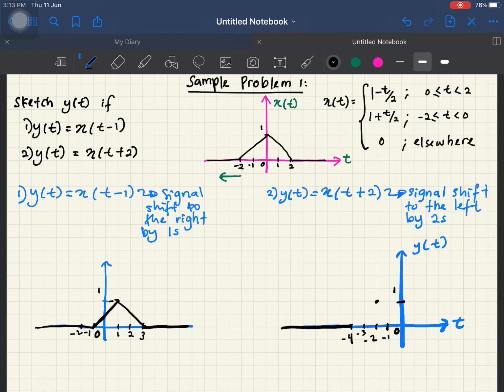The signal will start to become 0 again, instead of at 2 seconds, at 0 seconds here. So you have a signal that looks like this, after undergoing 2 seconds of time shift to the left.